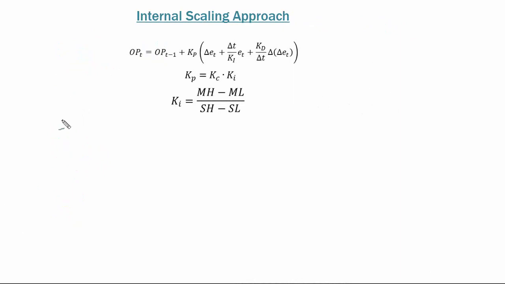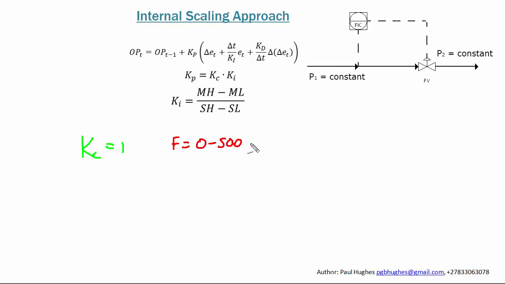Now let's say you have tuned a flow loop with proportional action only, and it's working fine, with a controller gain of 1. Now for some reason the process engineer decides to rescale the transmitter. The flow originally was 0 to 500, and now they want to change it to 0 to 1000.